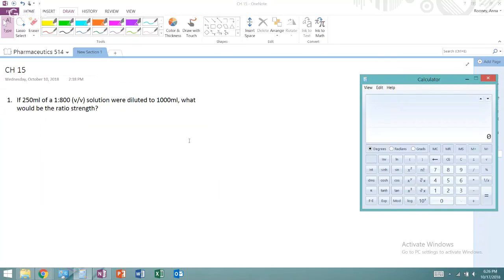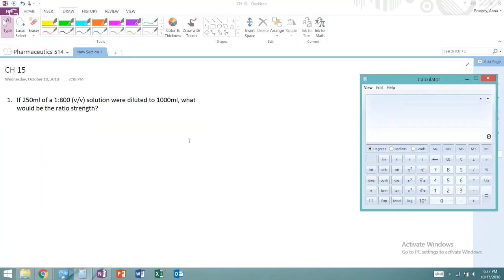Okay, so if you have 250 mLs of a 1 to 800 volume per volume ratio solution, and then it was diluted to 1,000 milliliters, what would be the ratio strength?